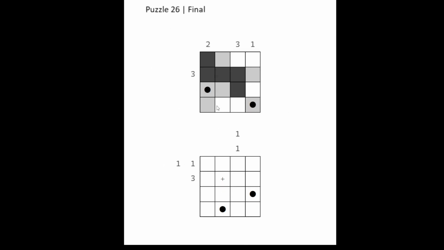Okay, is there anything else I can deduce? Yes, no 2x2s. I think that's it, because I don't know how to interpret the path. Oh, okay. Maybe we're going from the top left to a bottom right corner.